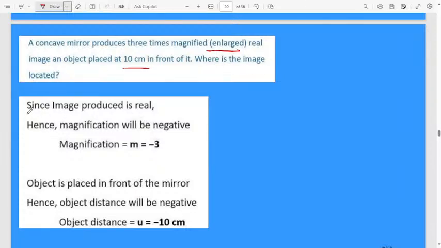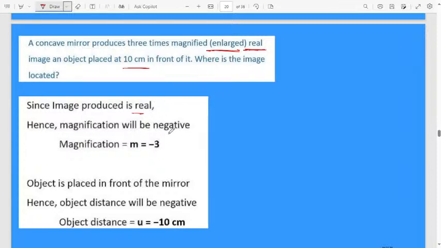Here since the image produced is real, hence magnification will be negative. See here they are given that the image will be real. They are given in the question real. Whatever image you are getting, that is real. The image produced is real. This real will indicate the magnification will be negative.